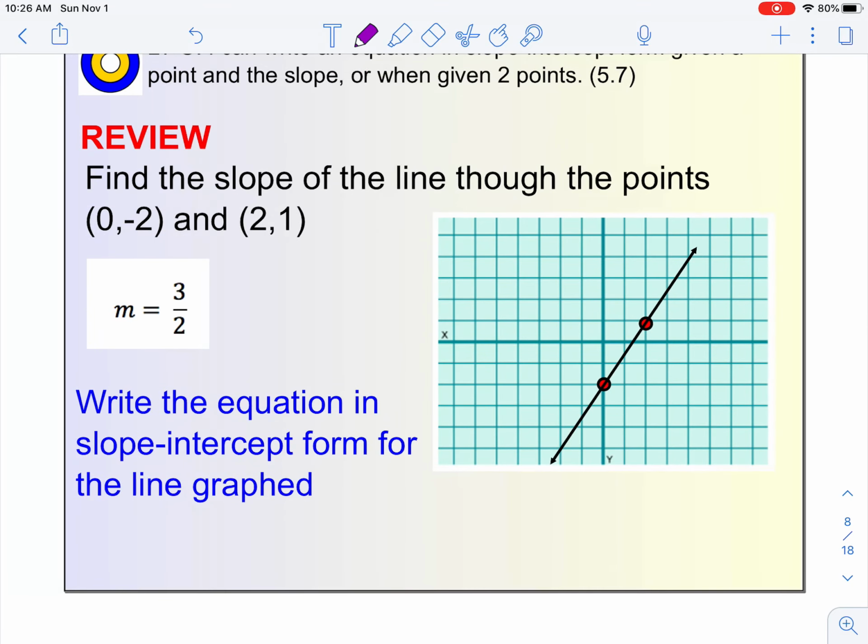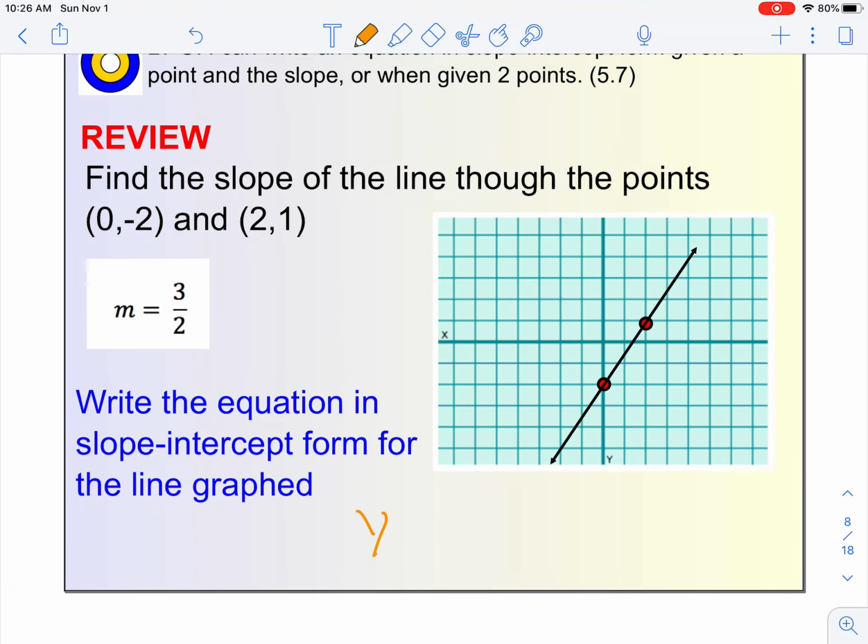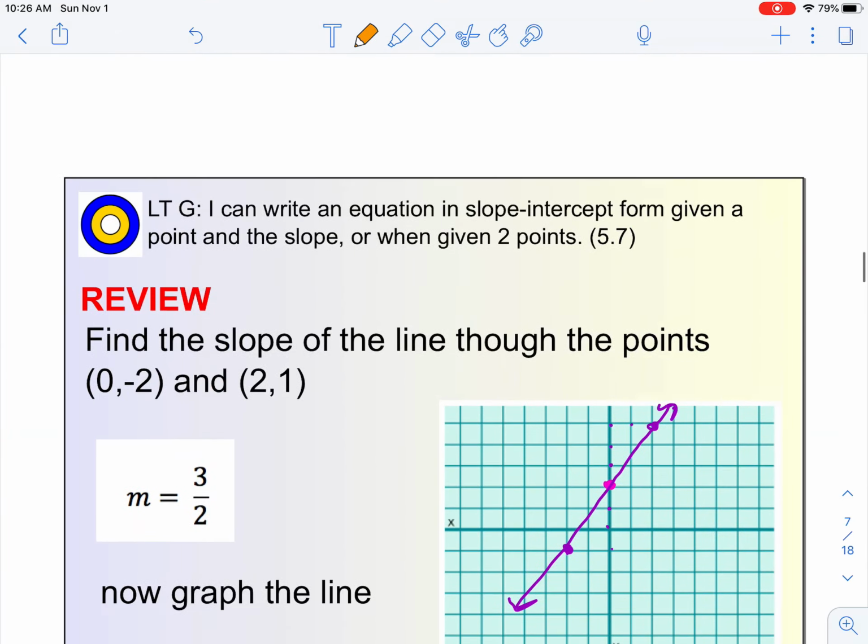So if we look at this, now we're going to write the equation in slope-intercept form, which is going to be y equals 3 halves x, and then our y-intercept in this case was negative 2.